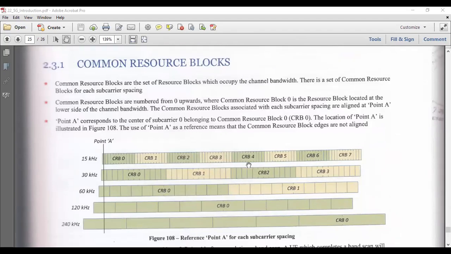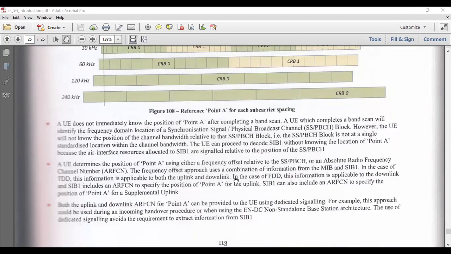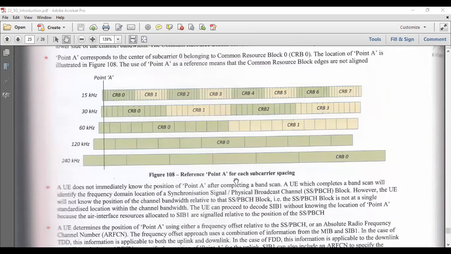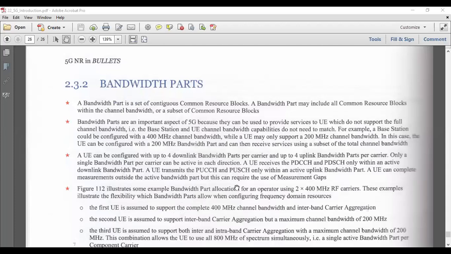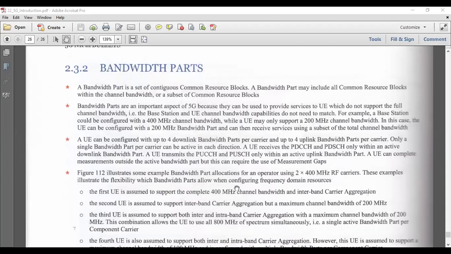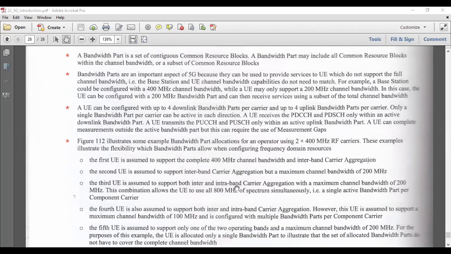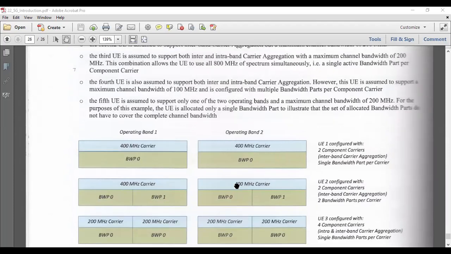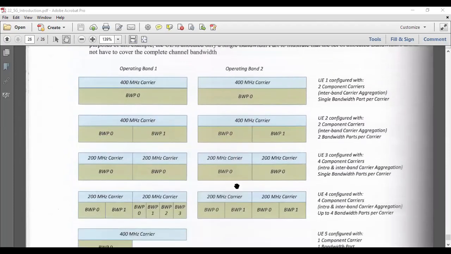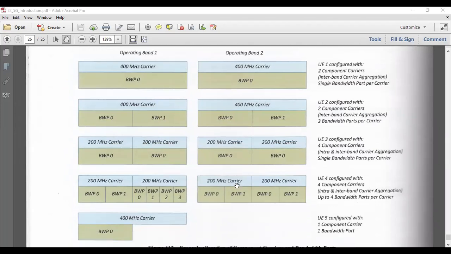Common resource blocks are some, I mean, resource blocks, and you actually create bandwidth parts within your operating bandwidth. I got confused with something here. I think I need to check it again.